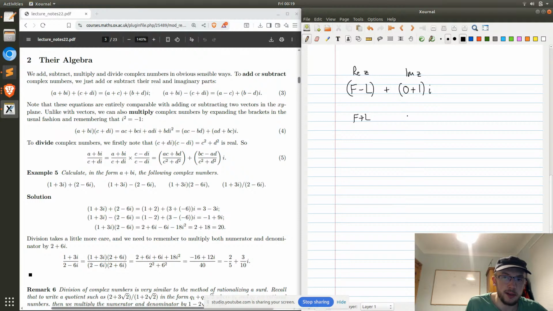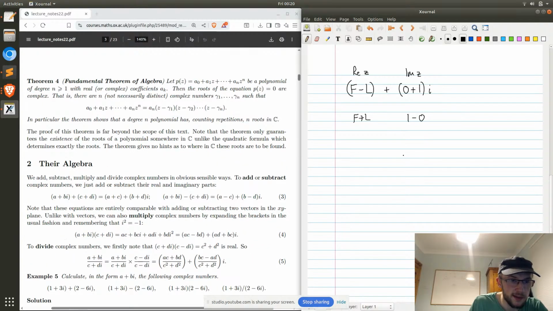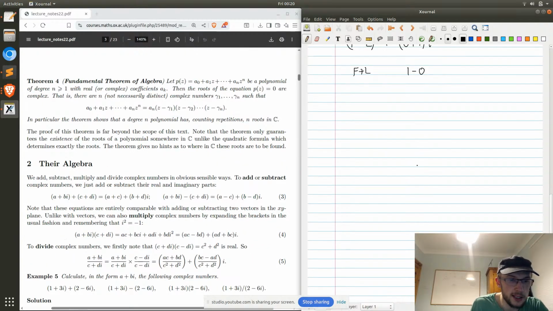I'm talking about inside minus outside. And then it's over the sum of the squares of the real and imaginary parts of the complex number in the denominator. Anyway, first example, we've got to calculate the sum, difference, product, and quotient of these complex numbers here.